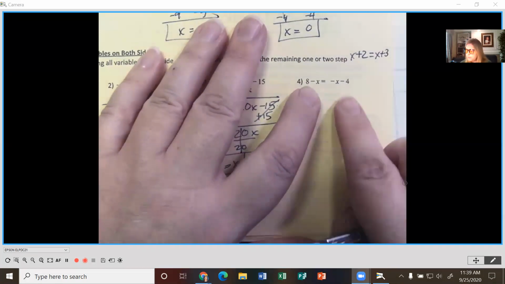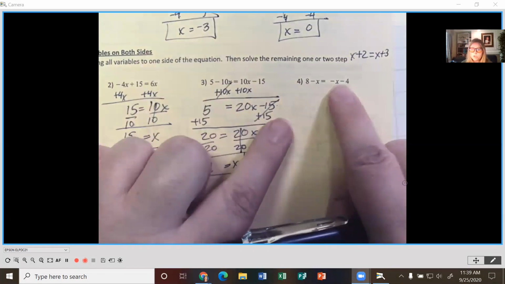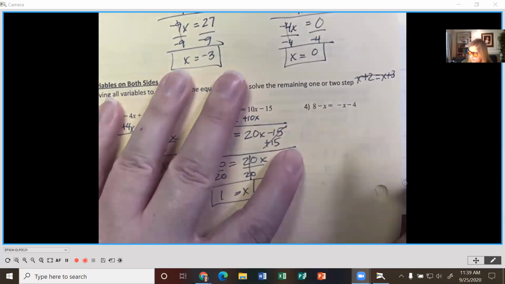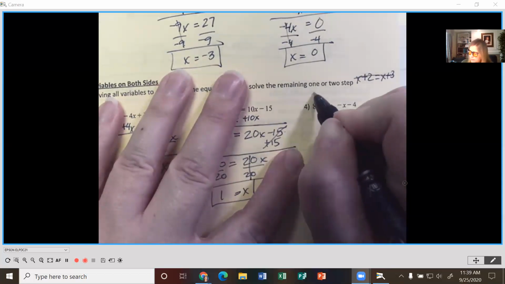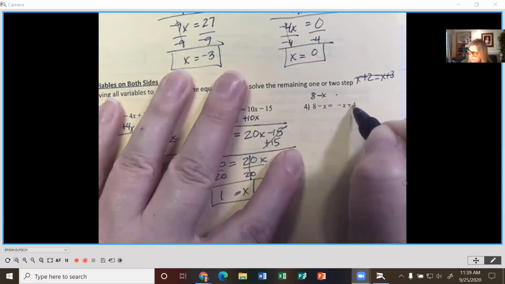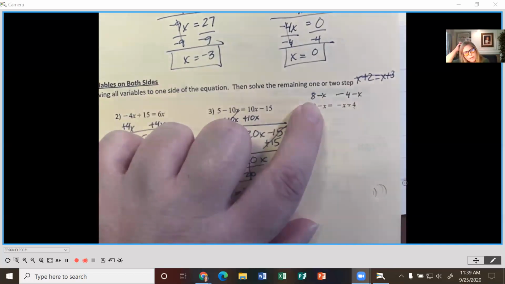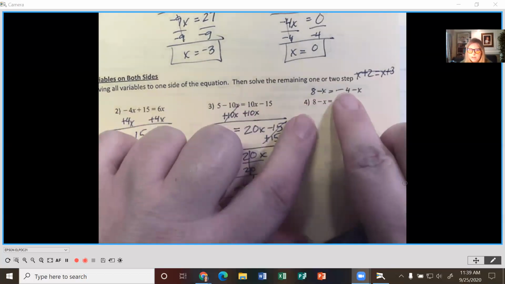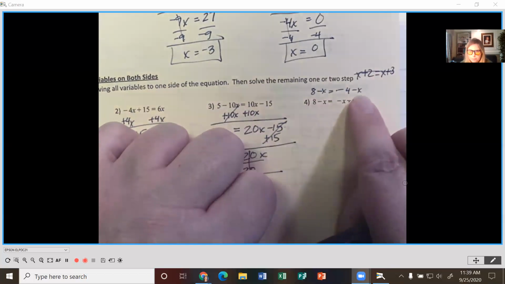Okay, so the same situation here, if you imagine this being rewritten, I'll actually write it here. That's just a random thing to help you with the thinking process. But if you wrote this as 8 minus x, and this as negative 4 minus x. If I'm at 8 and I take away a number, that's going to give me a different value than if I'm at -4 and I take away that same number, okay?